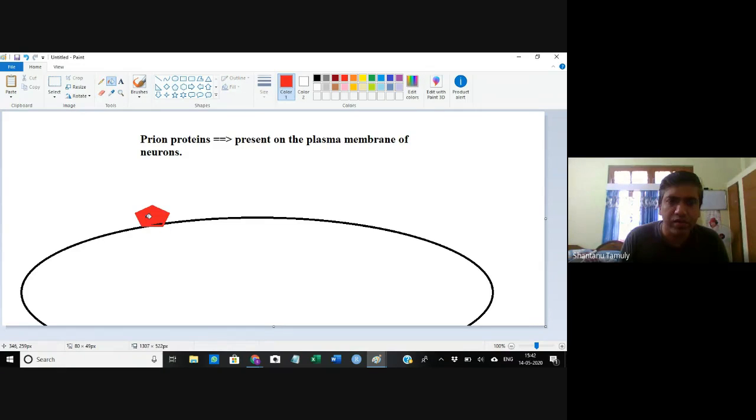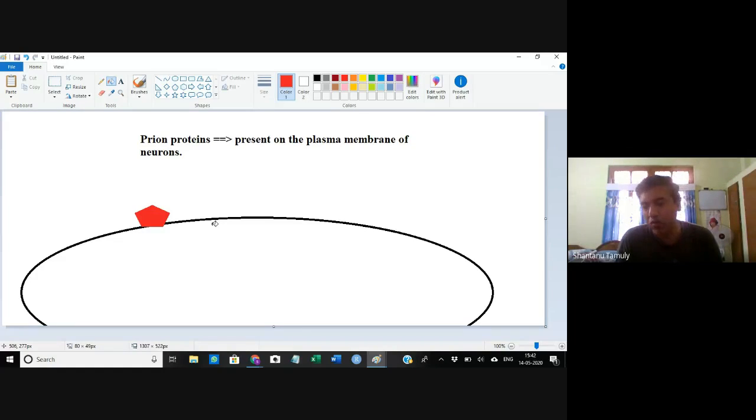It's present, fine. But then this particular prion protein's structure gets altered, or misfolding of the prion protein occurs. When the misfolding of the prion protein occurs, it causes the disease.